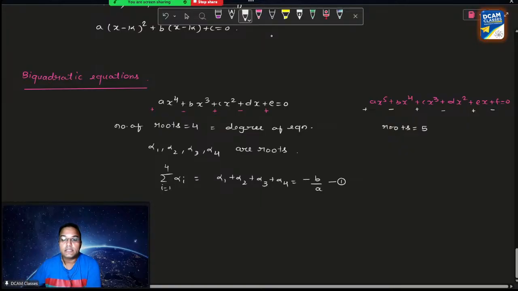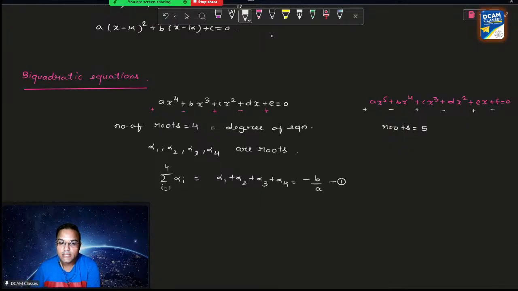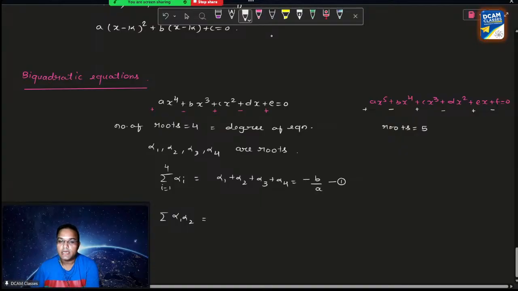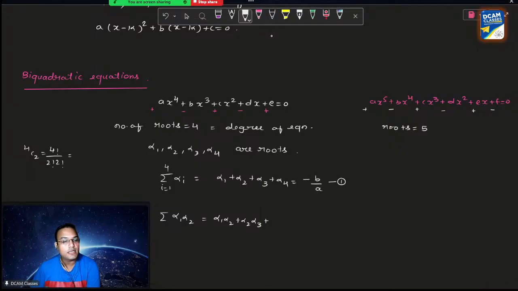Now the next thing is, if you take the product of the roots two at a time, alpha 1 alpha 2 sigma, it will be alpha 1 alpha 2 plus alpha 2 alpha 3. It's actually 4c2 ways, meaning 4 factorial by 2 factorial into 2 factorial, how many will you get? 3 into 4 by 2, 6.